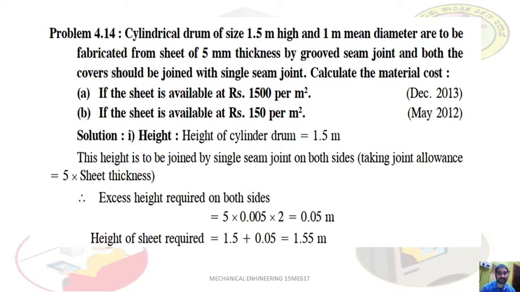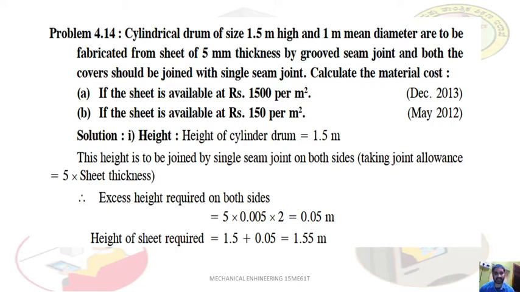So sheet thickness is given as 5, so 5 into 0.005, into both sides, we have 0.05 meters of excess sheet required. That is 5 into sheet thickness.